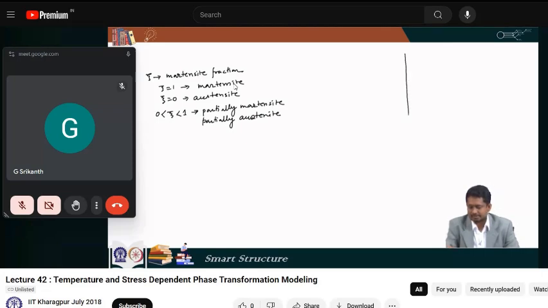And this entire variation of xi can be shown by a graph like this. So all this phase transformation can be seen as a variation of xi, and if we say that the transition is happening through temperature, this kind of variation is shown by a graph like this.